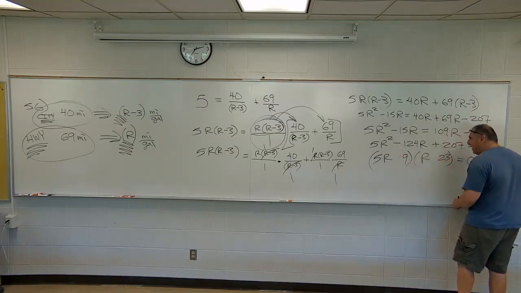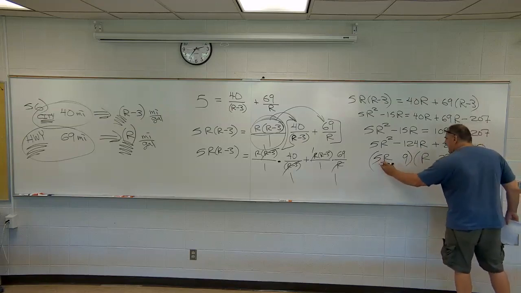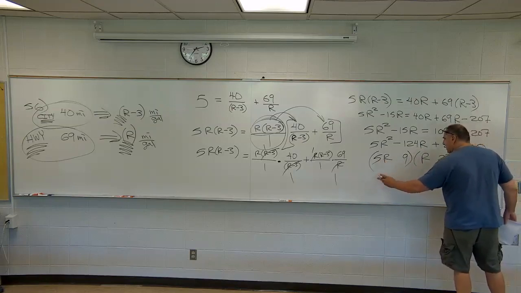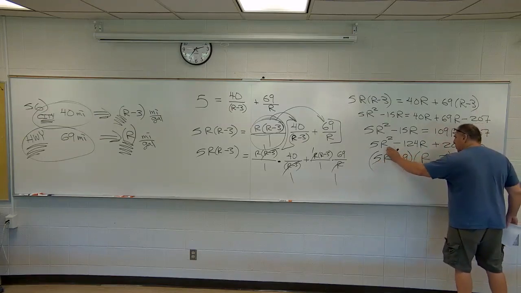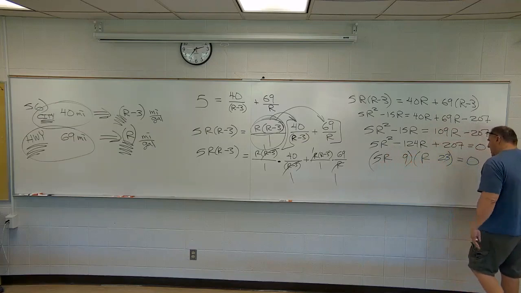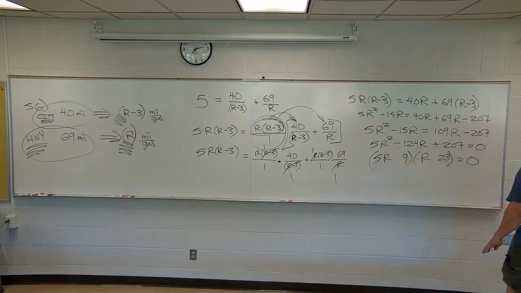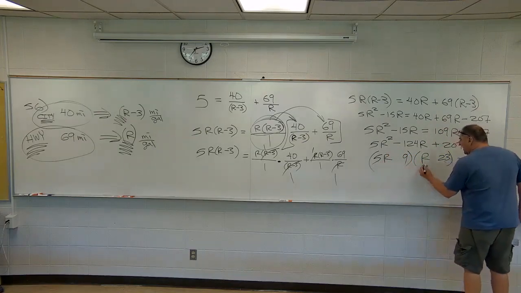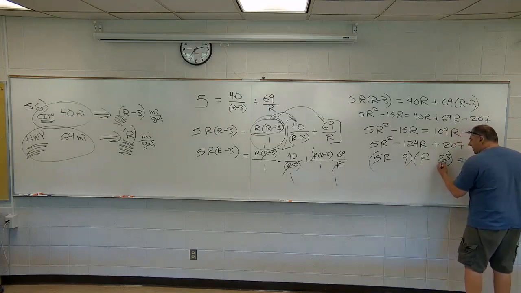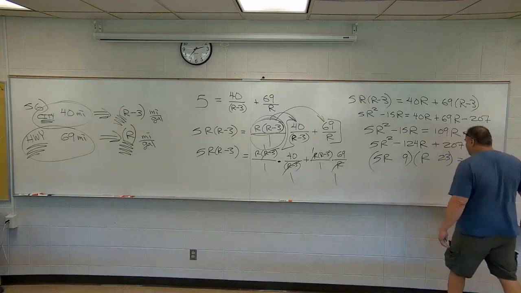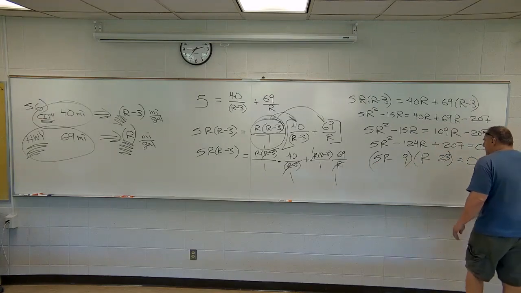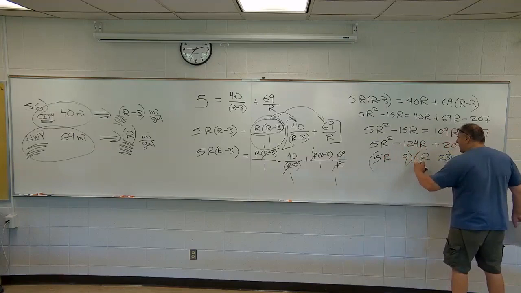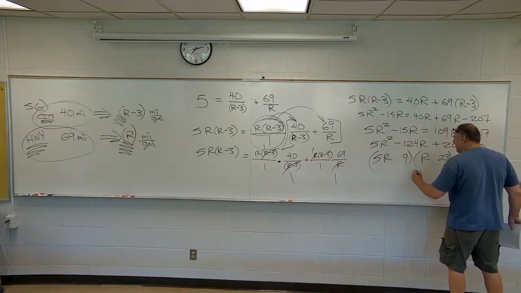I'm just kind of lucking out here. 5R times R, 5R squared. 9 times 23 is 207. 9R, and 23 times 5 is 115. 115R and 9R is 124R.